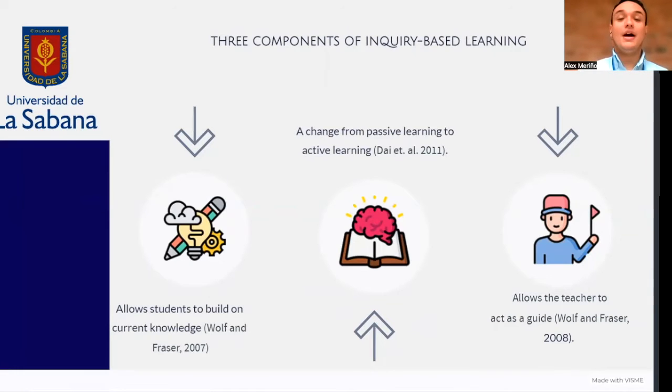So here, the students are going to take control of what they need to learn based on what I already mentioned, that is the evidence and the observation. And the third component is that the teacher acts as a guide. Here, the teacher has the possibility to give the instructions to the students, and the students need to follow the instructions, but they need to construct and create and organize what they need to answer in the question.